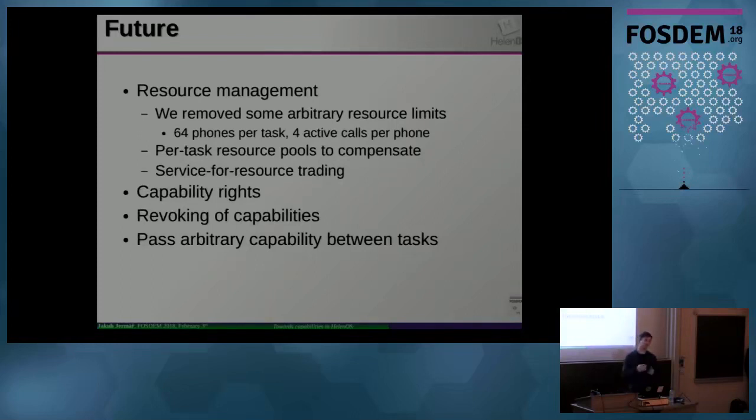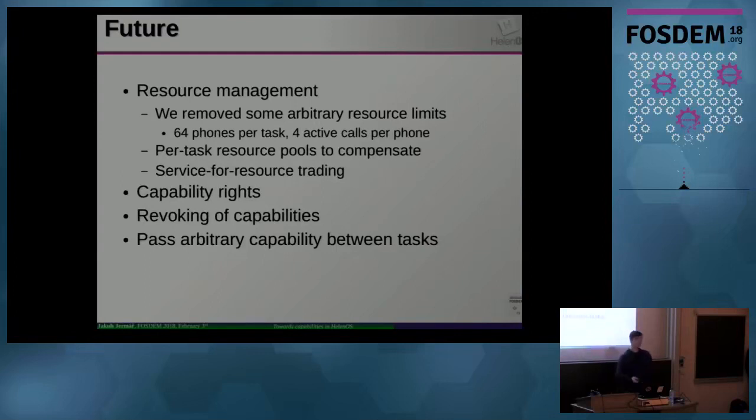So if each task has some resource pool, these limits can be enforced by virtue of the task running out of its resource pool. So it will be allowed for a task to have as many active calls or as many capabilities as its memory allows it to have.